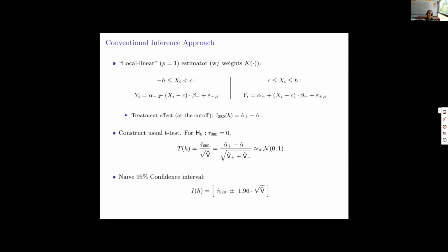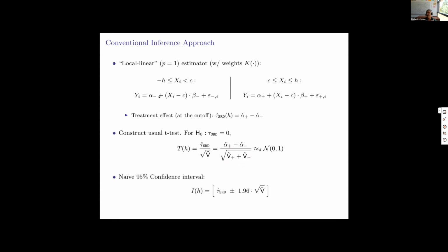To the extent that this behaves like, and it does, a two-sample problem, then the variance of a difference is the sum of the variances. And so you can just plug in your preferred Eicker-Huber-White, robust, cluster robust, or whatever version you like to estimate the variance of the intercept from the left and the variance of the intercept from the right.